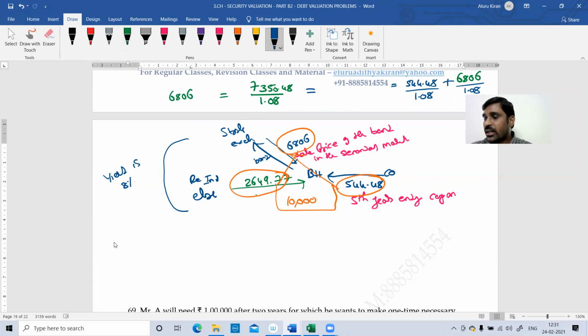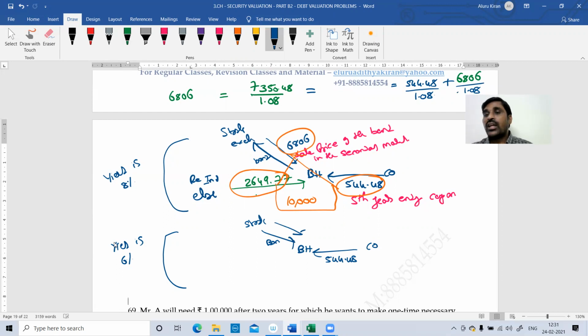Calculations. So when the yield is 6%, the bondholder receives the same from the company. This will not change: 544.48. From the stock exchange, he will sell the bond and receive how much? P5 is different. There we have to put 6%. P5 is equal to 6,806 plus 544.48.